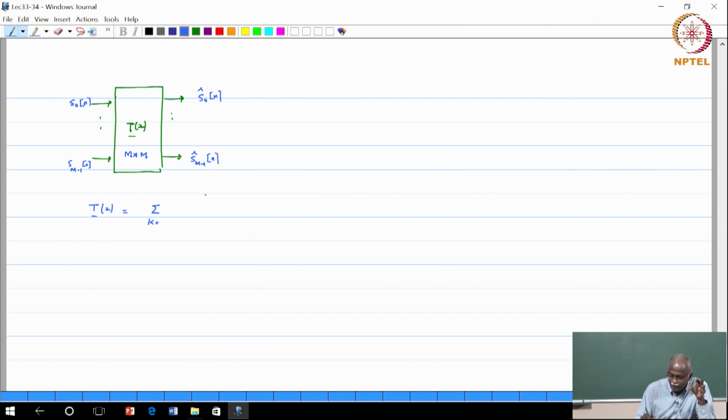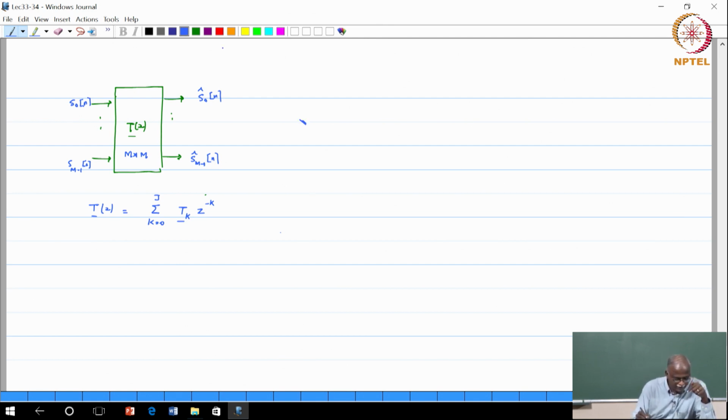Summation k equal to 0 to j, let us assume j is the highest power of the polynomials that are present in T of Z. I can then write this as T subscript k, where T subscript k is a constant coefficient matrix, times Z power minus k. So basically what did I do? Took all the 0th power terms of T of Z, all the Z power minus 1 terms, and then grouped them as matrices. So basically this becomes a polynomial of matrices.